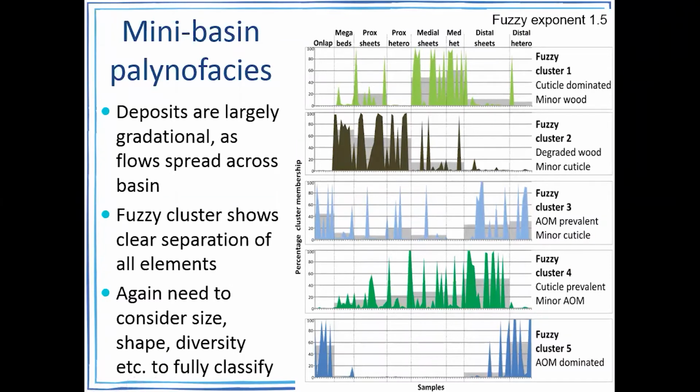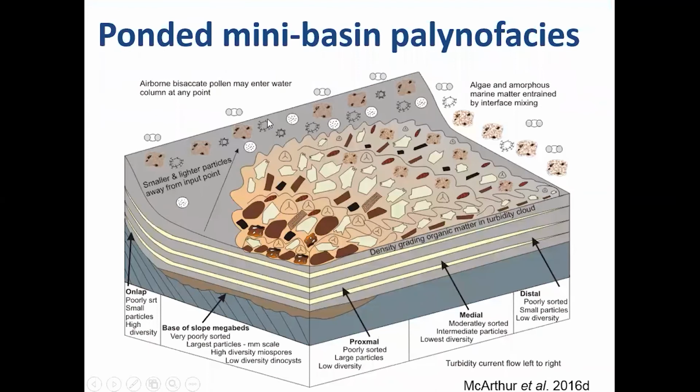But again, we need to consider the particle size, shape, and diversity of the palynomorphs and so on in order to provide a classification that we might use to recognize that the largest and densest particles occur in the most proximal settings, and likely due to the fractionation of material as flows traversed the basin, we see a transition to the lighter and also more elongate and platy type of particles as we move across the basin, and then a mixing with the marine material, the dinoflagellates, algae, and amorphous marine matter as we move towards the distal ends of our basin.